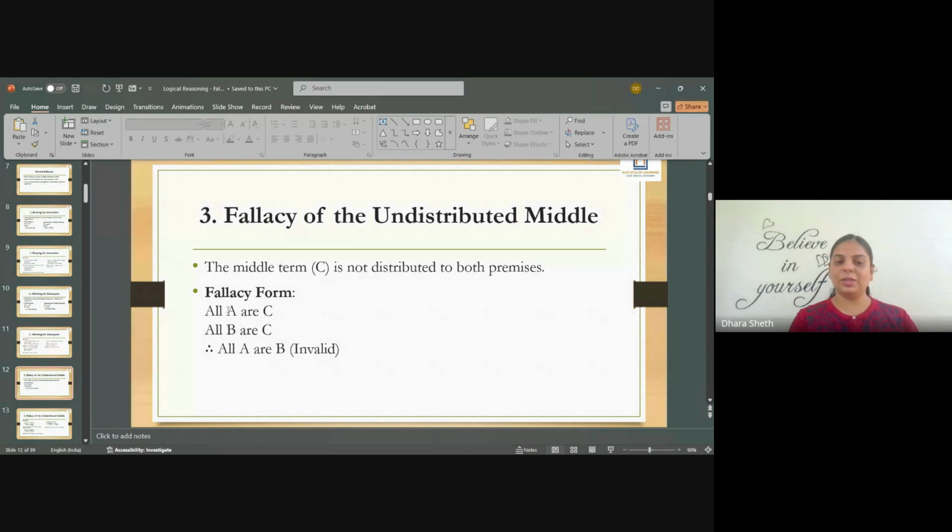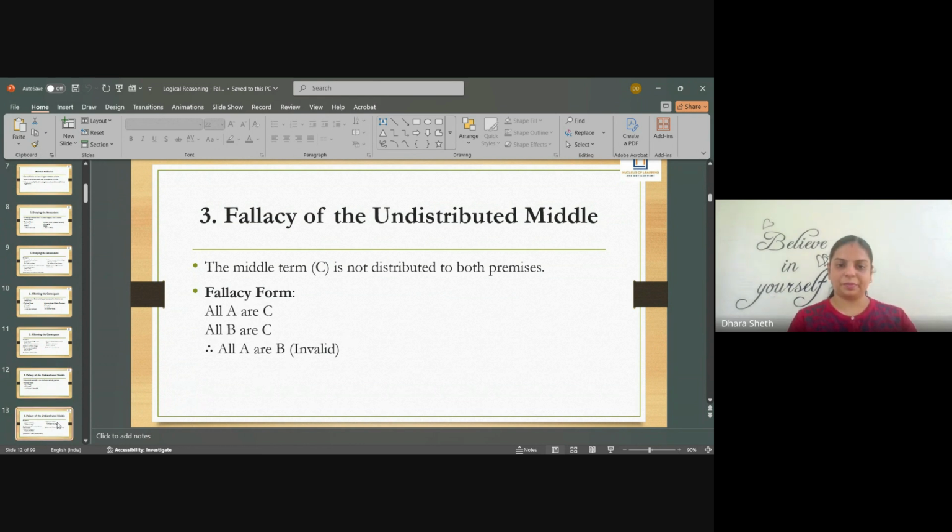The major term and the minor term are distributed, but C, which is the middle term, is not distributed in the major or the minor premise, in the first or the second premise. That is why any kind of conclusion drawn, all A or B, no A or B, some A or B, will be invalid.